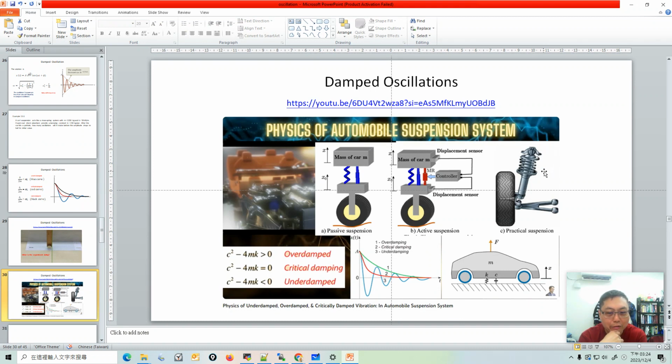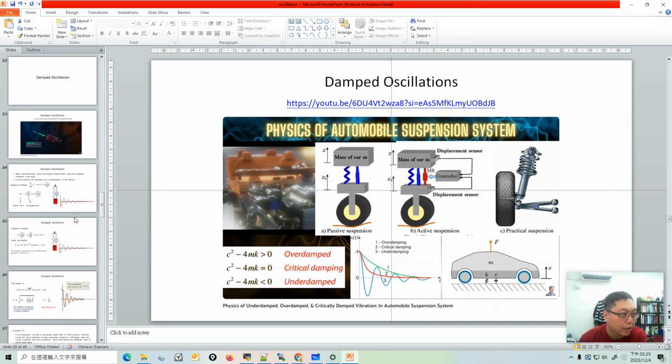So we have to come up with another device connected to the springs, and we often call this device a damper. The damper can damp your system. It can damp oscillation, so that's why it's called damped oscillation. We want to make the oscillation disappear as soon as possible, or the system will just keep vibrating like crazy.